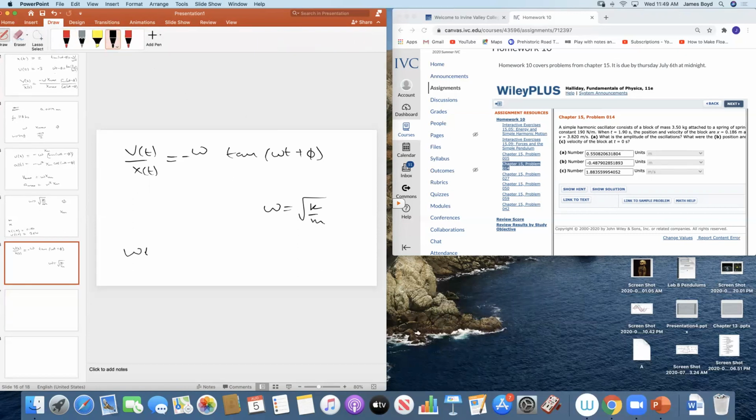So we get that omega t plus phi is equal to arctan of negative v over x times omega. Let's actually plug in some numbers real fast. Omega is the square root of 190 divided by 3.5, which is 7.368.